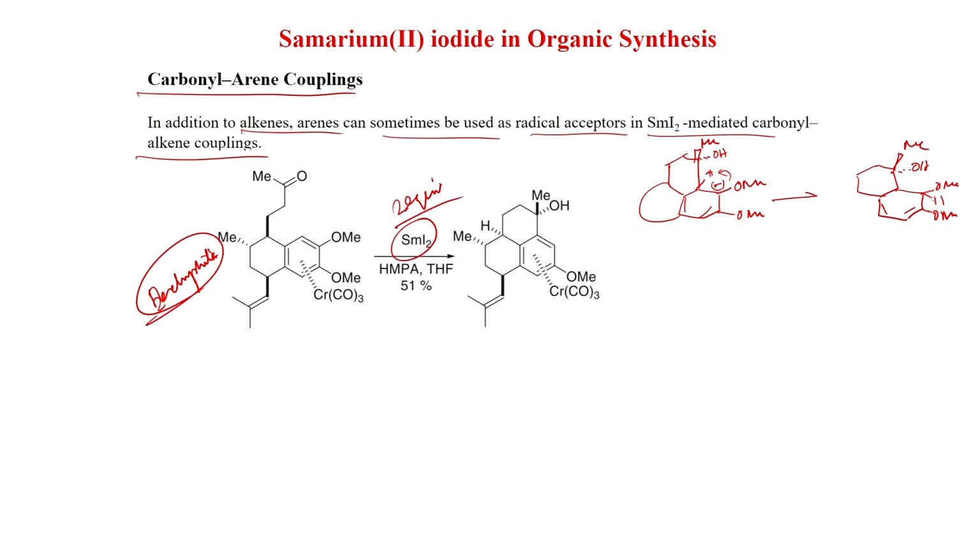So, hydrogen comes here, anion goes there, and then the aromatization will happen. Aromatization minus OMe group. One OMe group will eliminate and you get this product. Here you can see one methoxy group is eliminated because of this aromatization.